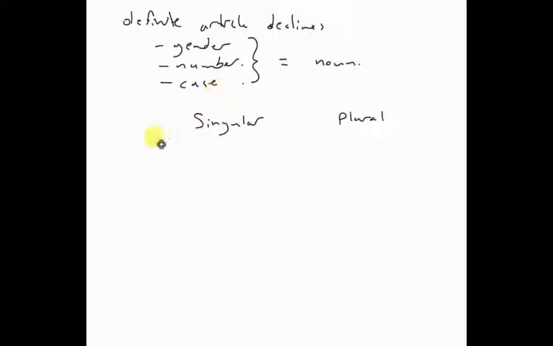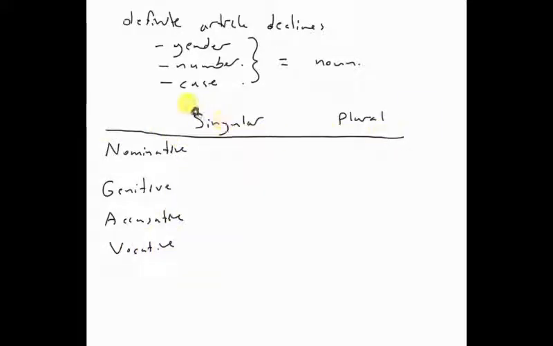We have four cases. We have the nominative. We have the genitive. We have the accusative, and we have the vocative. Let's make a little chart here.